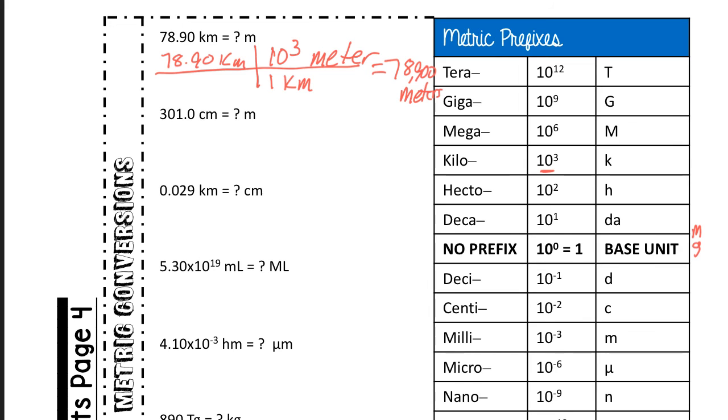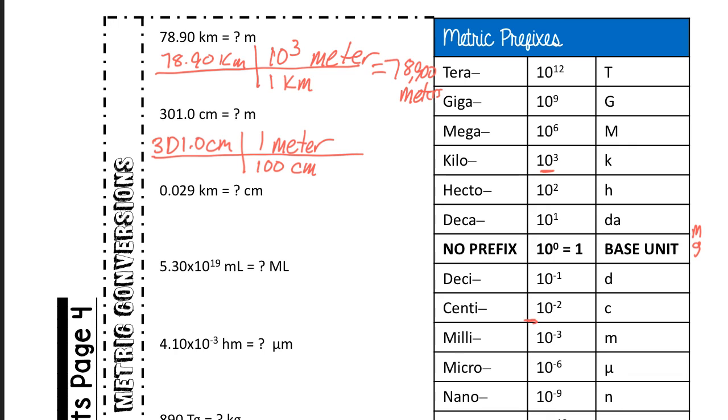All right, I'll do the next one too. We know that we've got 301.0 centimeters. I go over to my chart. Meter is the base unit, and we've got centimeters. Centimeters are right here. It's to the -2, which means that these are smaller than the base unit. So for centimeters, 100 centimeters is going to be in 1 meter. 1 always goes with the bigger unit.